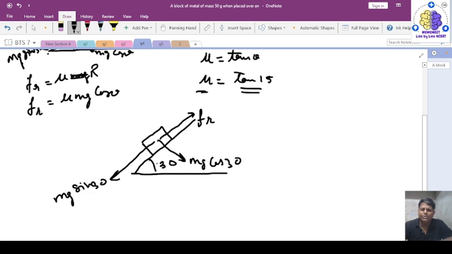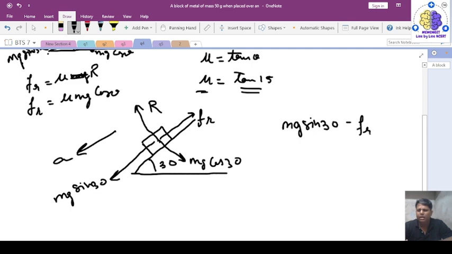How we are getting this mg sin 30, mg cos 30 I have already explained, and in this direction it will be R. So from here, the block is still moving in this direction with some acceleration, right? So from here we can say that mg sin 30 minus Fr is equal to m into a, right?